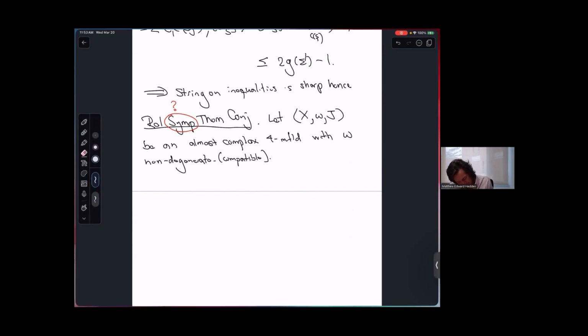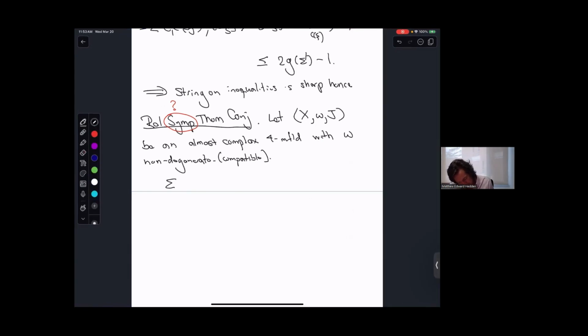and sigma is a smoothly embedded surface such that, well, the first thing is I still want the boundary of sigma to be transverse to the plane field on the boundary.